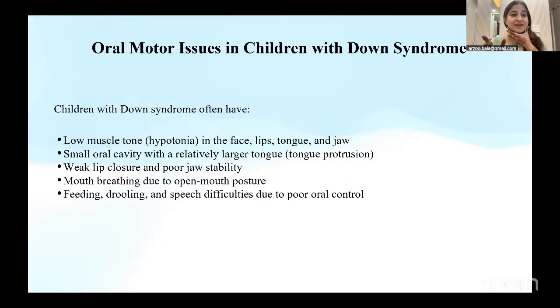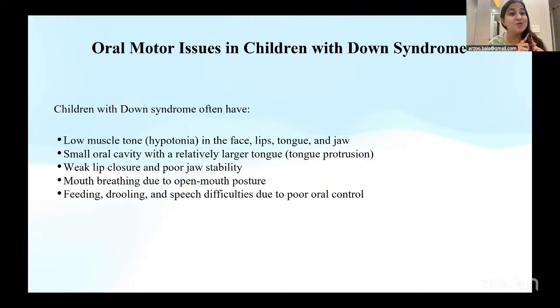Whole day when you're not talking or not eating, your jaw is closed. So these are again postural muscles, as when I was talking about posture. So when there is low muscle tone and strength in face, lips, tongue, and jaw, many times you would see difficulties in chewing food. So when I ask कि क्या बच्चा अच्छे से खाना chew कर रहा है, that is a very important finding for me.